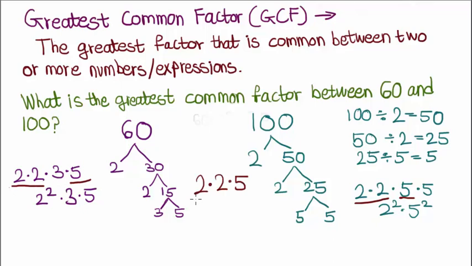This can be better represented using exponents as 2 to the power of 2 times 5. And when I simplify 2 to the power of 2 times 5, I first simplify 2 to the power of 2, which will give me 4, and 4 times 5 will give me 20. Therefore, the greatest common factor between 60 and 100 is the number 20.